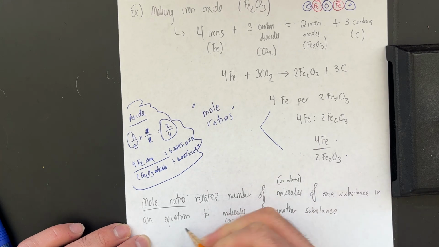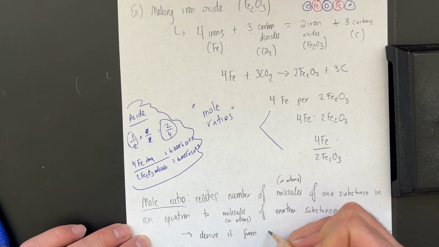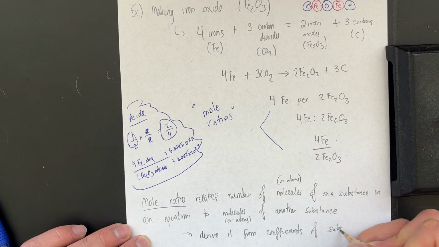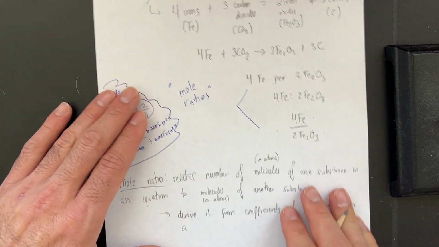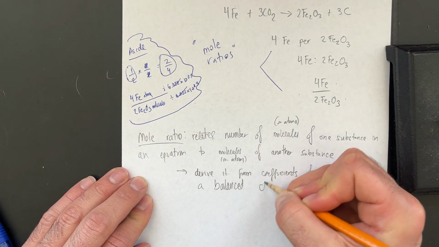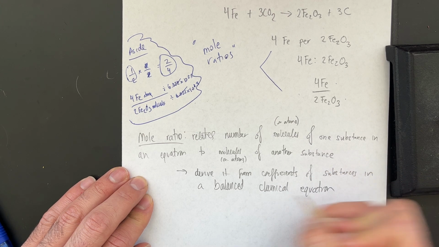And we derive this from the coefficients of the substances in a balanced chemical equation. Okay.